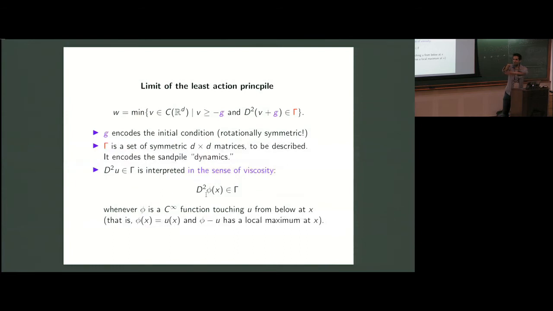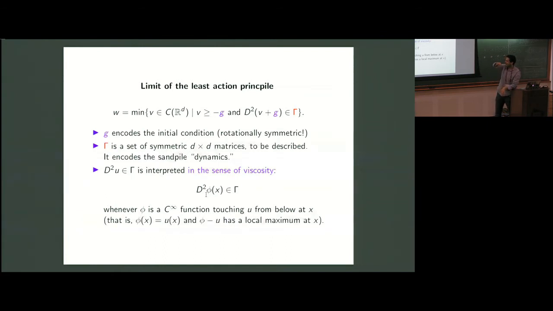You keep your smooth function below, what is my name? V, or U. Okay. So you keep your smooth function below U, and you just touch it at the one point you're interested in, and then you put all your derivatives on the smooth function.